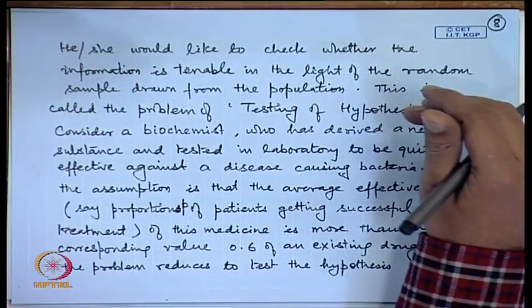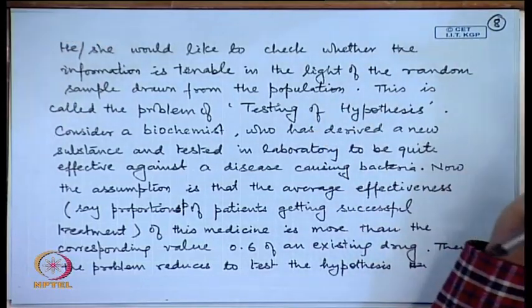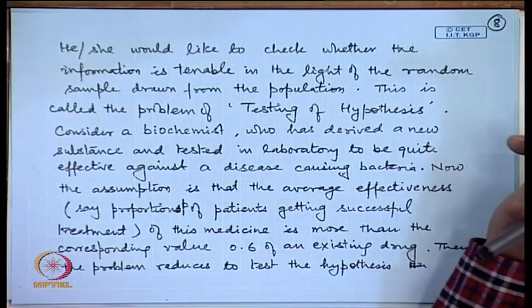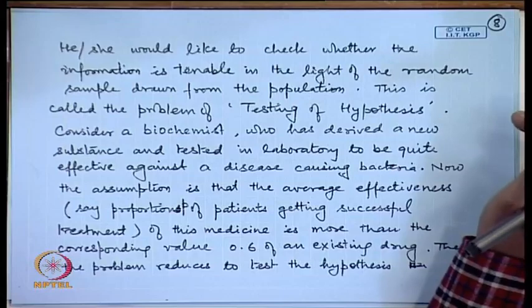So, let us go back to the example of a new medicine getting developed. A biochemist has derived a new substance and tested in the laboratory that it is quite effective against a disease causing bacteria. Now, the assumption is that the average effectiveness of the medicine which is prepared using this new substance will be more than the corresponding value.